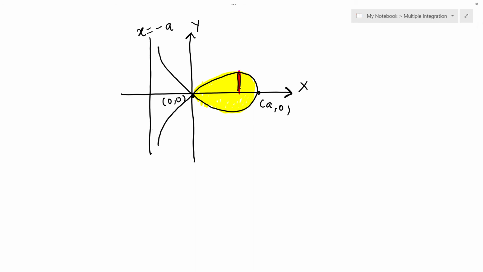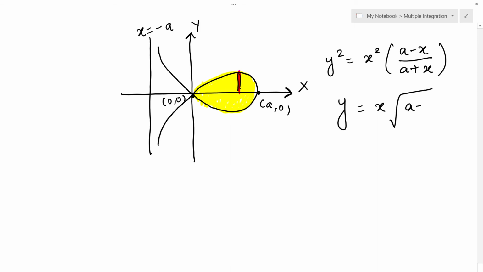So you know that y is equal to x under root of a minus x upon a plus x, since the curve is y square equals x square, a minus x upon a plus x. This will be my upper limit, my lower limit will be 0.